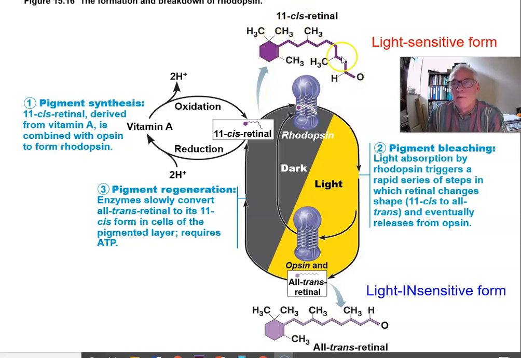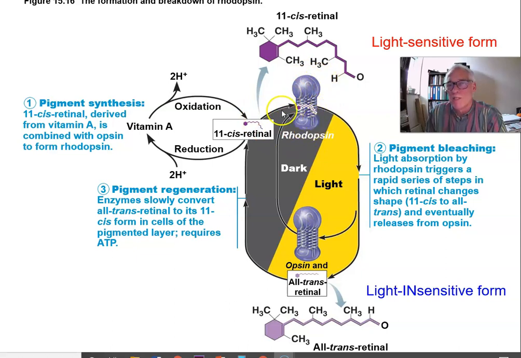Retinal is the name of this pigmenty, lipidy molecule. It's derived from retinoic acid, or a substance that's in carrots. It's a necessary component of making rhodopsin. Anyway, 11 cis retinal is how the light-sensitive form of rhodopsin looks. We have an opsin with this kinked retinal stuck to it. So if you just close your eyes for a long time, all of your rhodopsin will accumulate in this state.